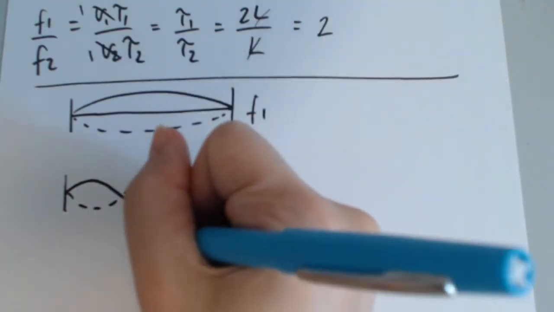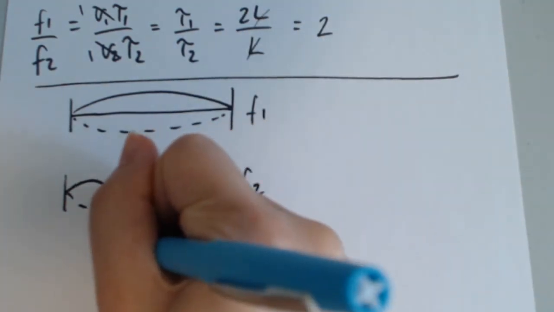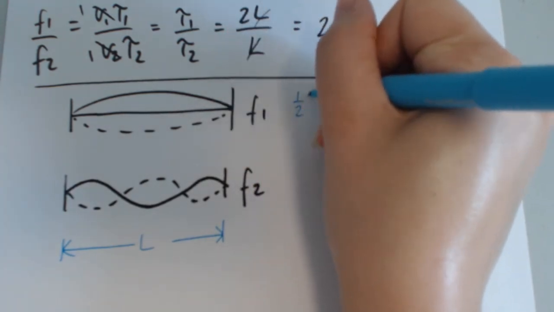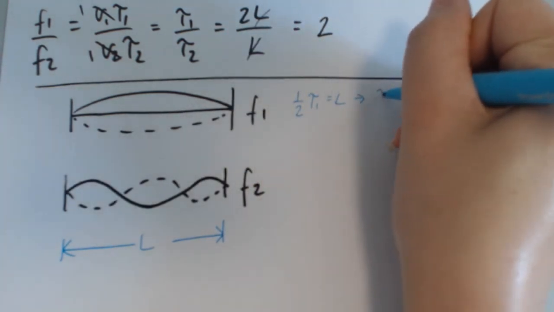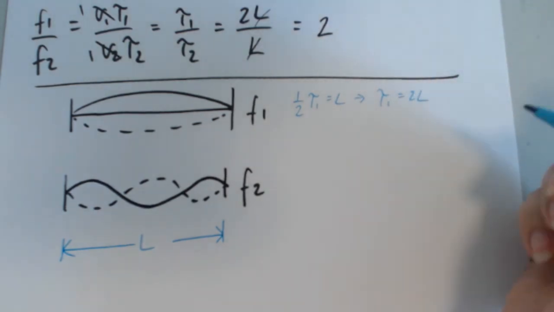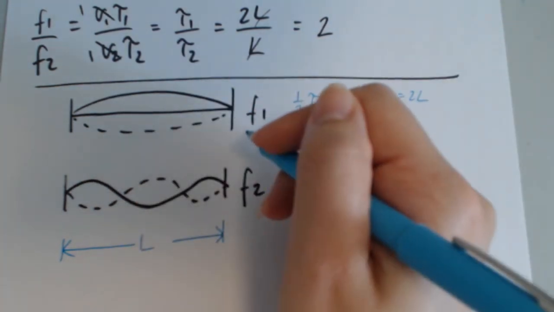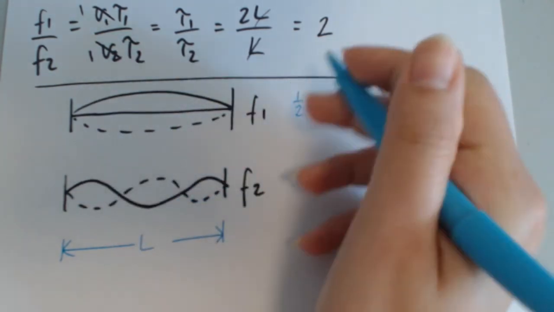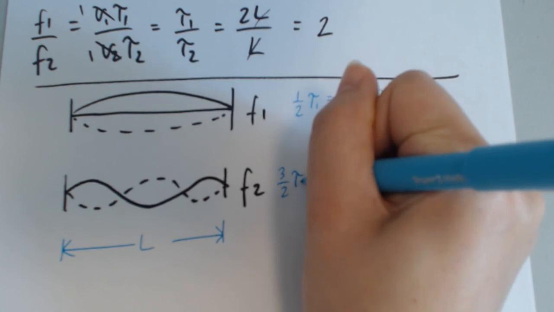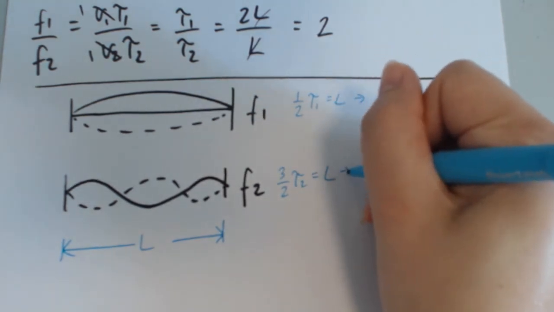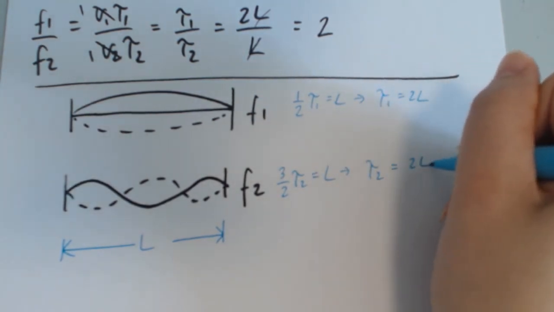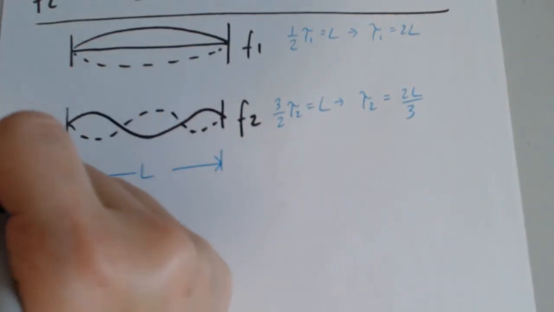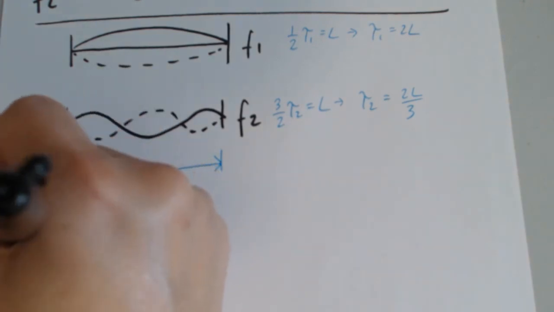All right, so here, if we call this whole thing L, the length of the string, which is not changing, I know in the first case I still have half of the wavelength is equal to L, so lambda 1 is equal to 2L, so that didn't change. And in this case I have 1.5 wavelengths, so 3 over 2 lambda 2 equals L, so that means lambda 2 equals 2L over 3. Same solution.